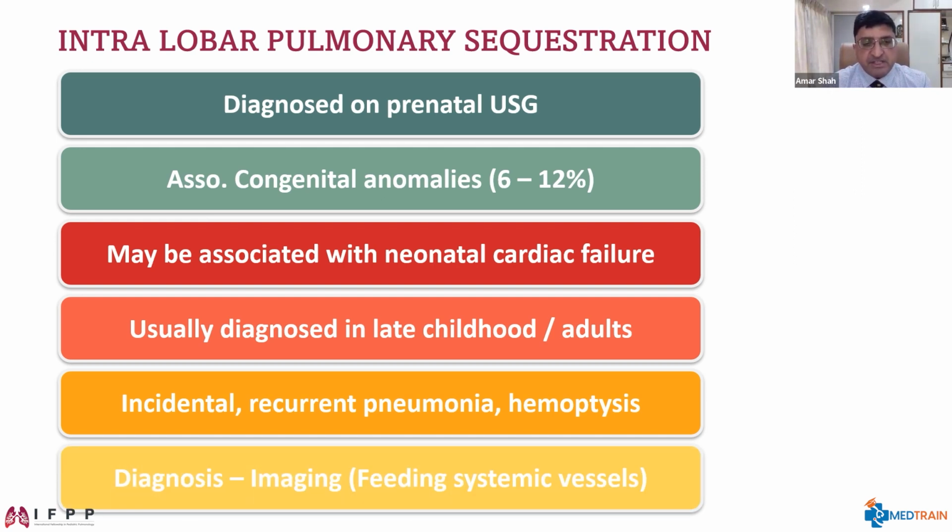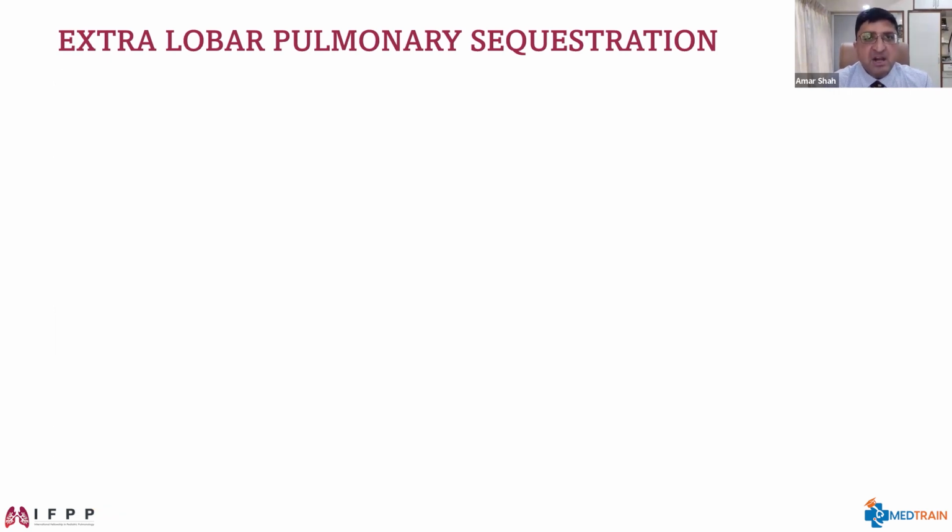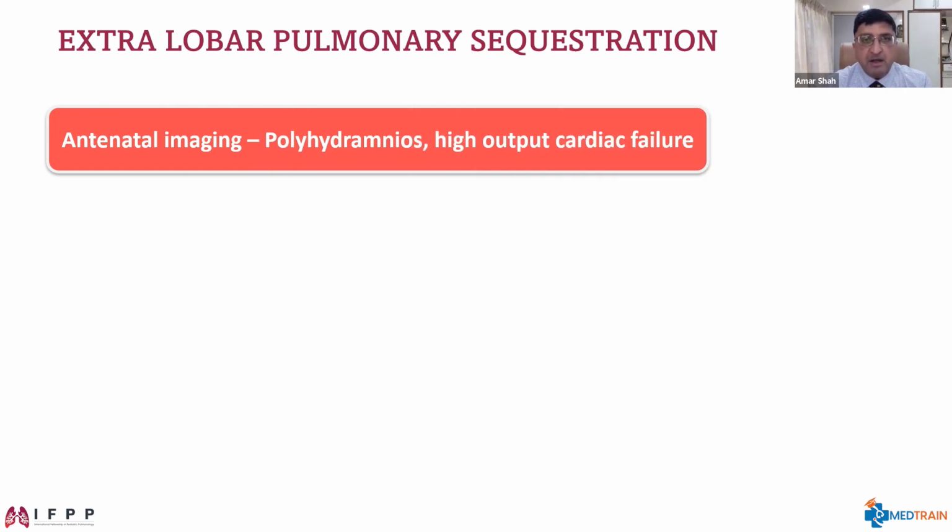The diagnosis which clinches this is imaging, of course, and feeding systemic vessels are always seen, which are either coming from the thoracic or the abdominal aorta, and this feeds the sequestered lung. On the other hand, extralobar pulmonary sequestrations can be picked up on antenatal imaging because it may be a cause of polyhydramnios or high output cardiac failure.